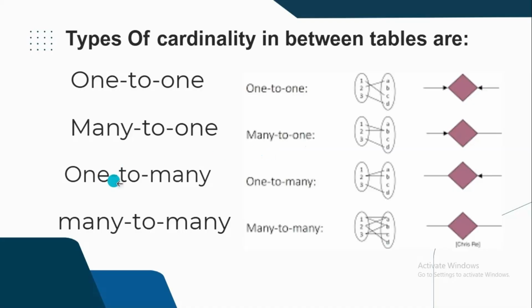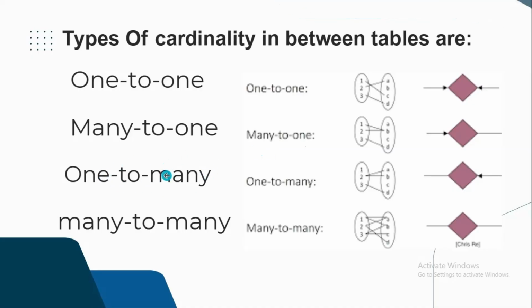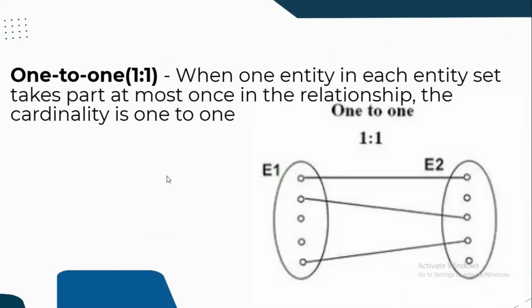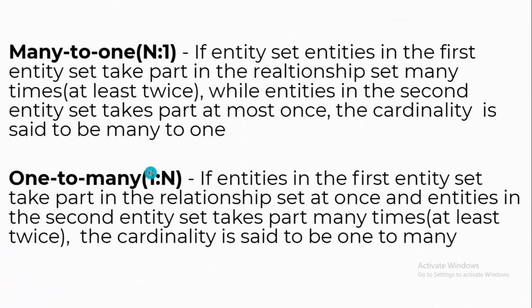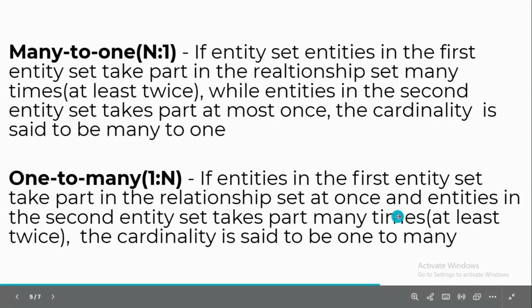Now let us look at one to many. The definition of one to many is: if entities in the first entity set take part in the relationship set once and entities in the second entity set take part many times, at least twice, the cardinality is said to be one to many.